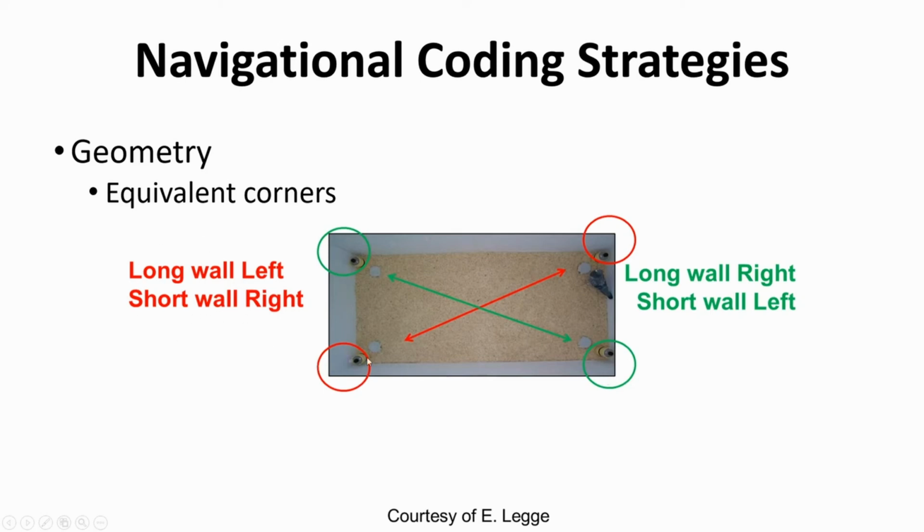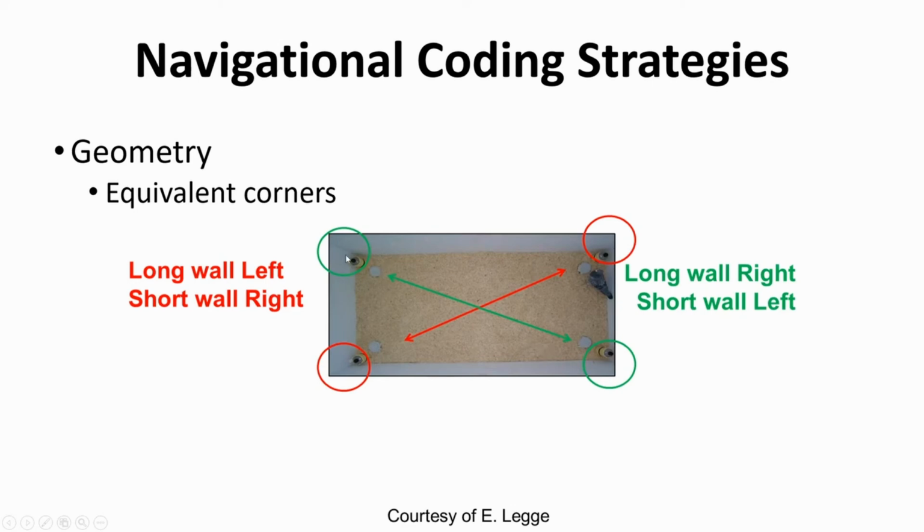And conversely, the red corners are the opposite, where it is long left, short right. But these two corners here, circled in red, are both geometrically equivalent. So if we were expecting this pigeon in this rectangular room to be relying on geometric cues, we would expect that they would split their searching, they would split their sort of goal location assumptions between the equivalent corners.